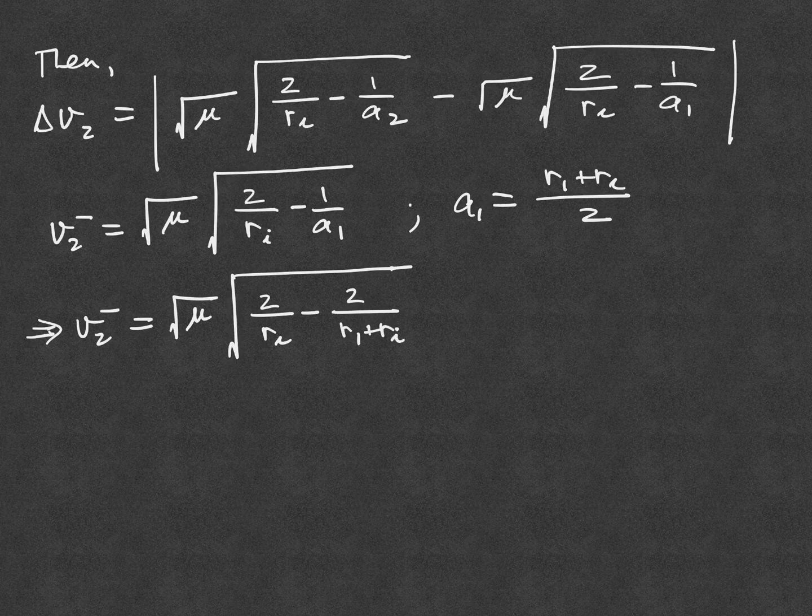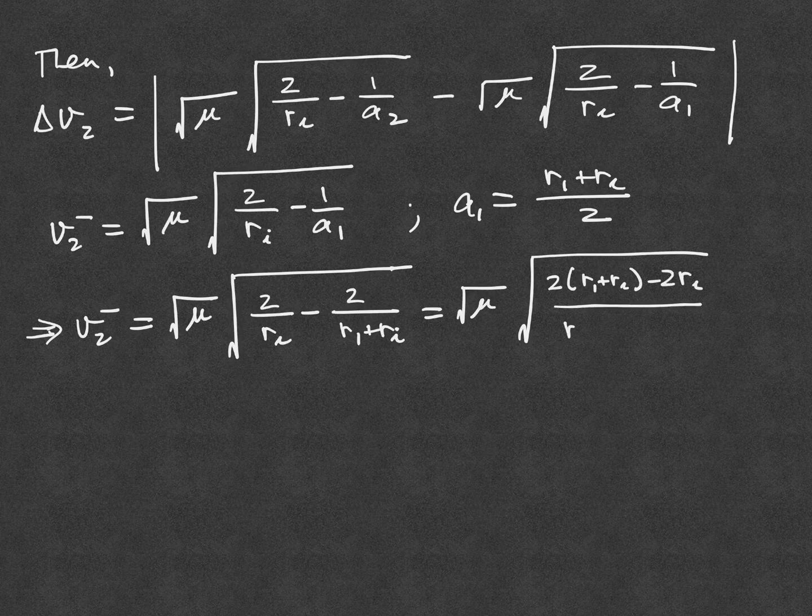Now that last expression can be simplified to the square root of mu times the square root of 2 times R1 plus Ri minus 2 times Ri, all divided by Ri times R1 plus Ri.